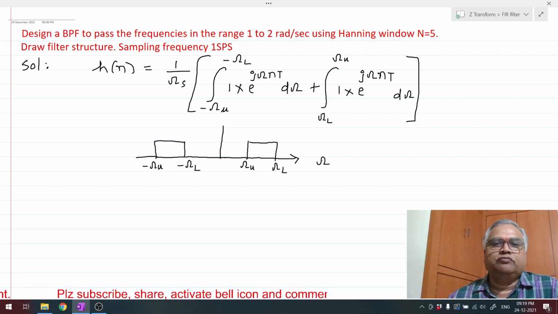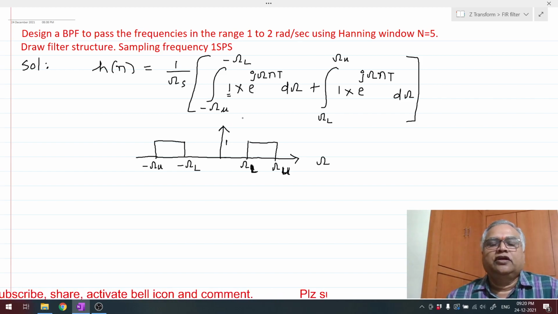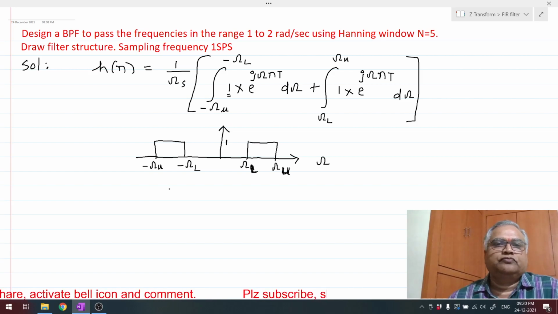So here it is 1, and in this range it is 1. So minus omega u to minus omega L, its value is 1, and this is the upper limit, this is lower. So lower to upper, again it is 1. This integration you have to do carefully.